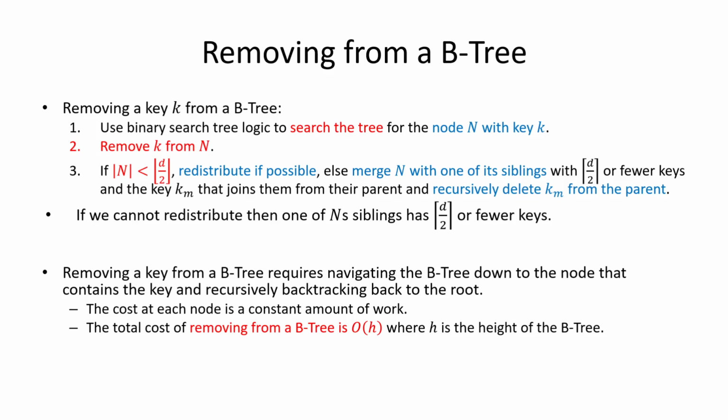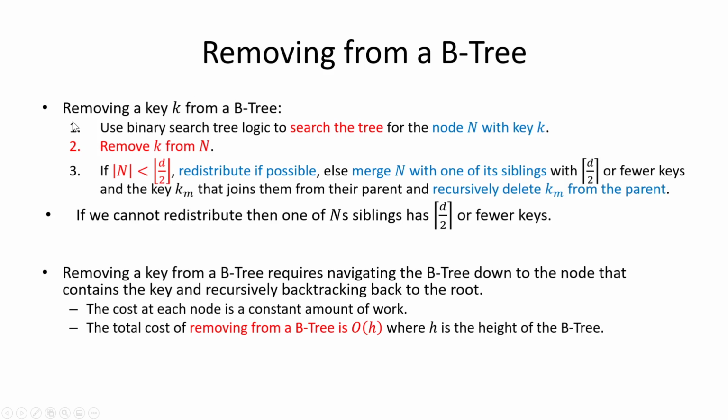When adding, we redistribute as an option. But when we remove, we redistribute as our first option. The first thing we will do is redistribute to avoid doing costly merge operations, which is the opposite of the split. So let's just maybe quickly go through it and then look at the example.